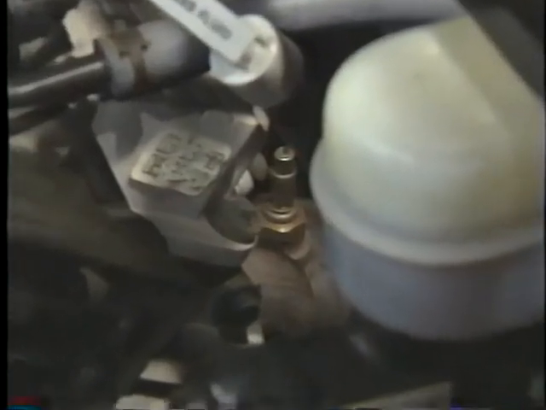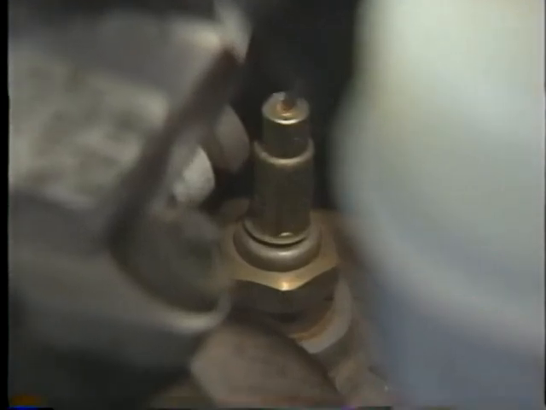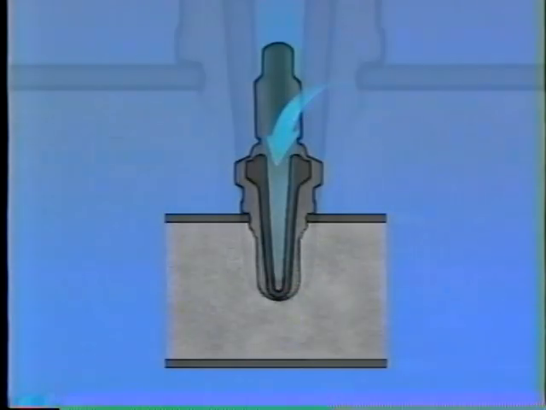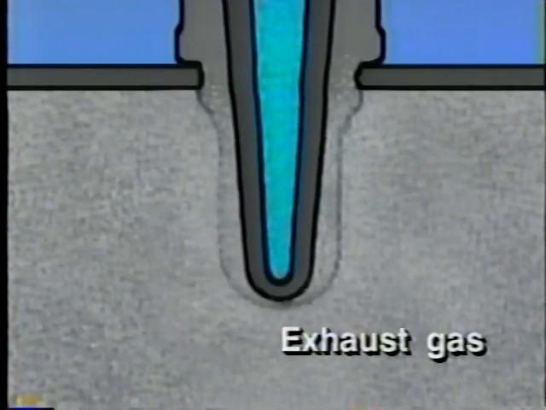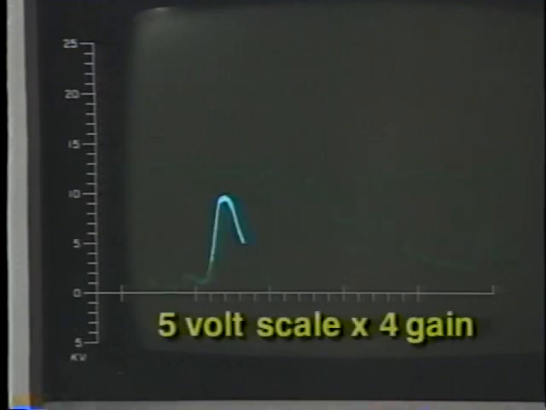The oxygen sensor is placed in the exhaust gas stream between the engine and the catalytic converter. There, it compares the amount of oxygen in the exhaust stream to the amount of oxygen in the air. The difference between these two concentrations of oxygen causes a small voltage to be developed in the oxygen sensor's element.